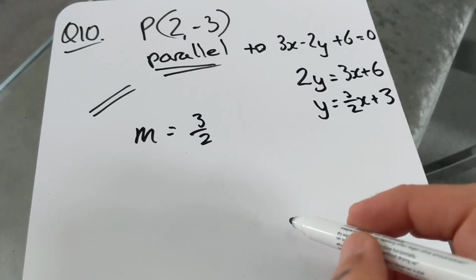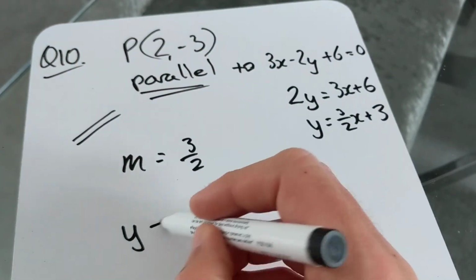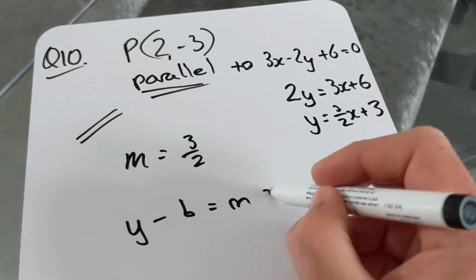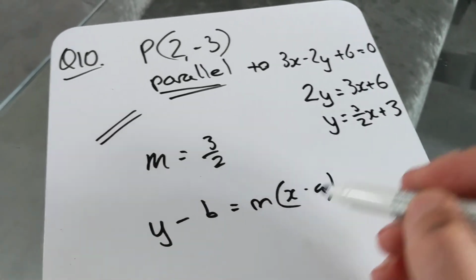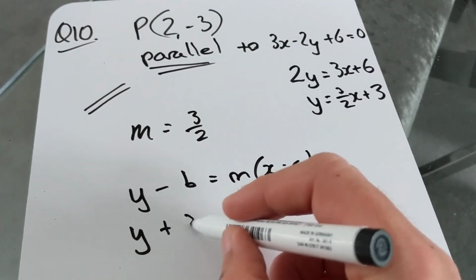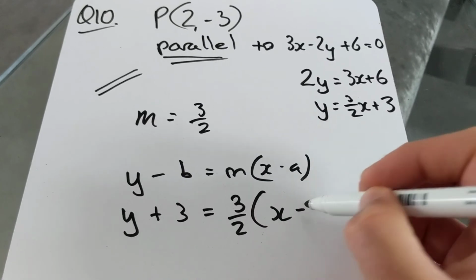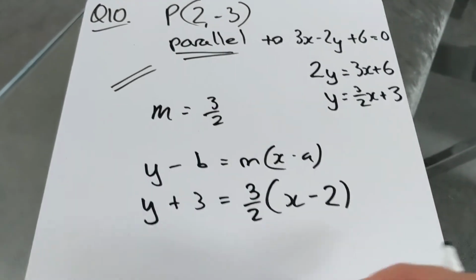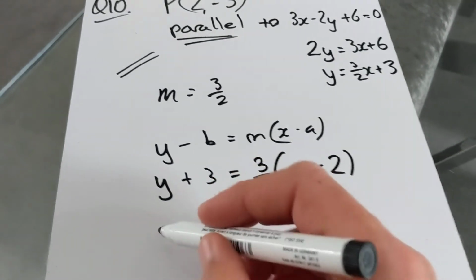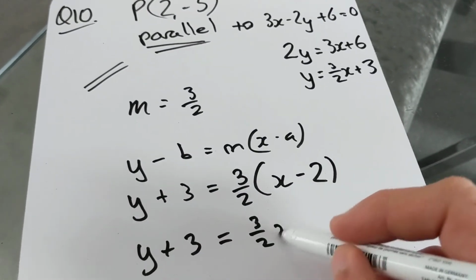Okay, so then the equation of your new line goes through this point, so it's y minus b equals m bracket x take away a. So y minus minus 3 is y plus 3 equals your gradient times x take away 2. So multiplying out the brackets, y plus 3 equals 3 over 2 x.